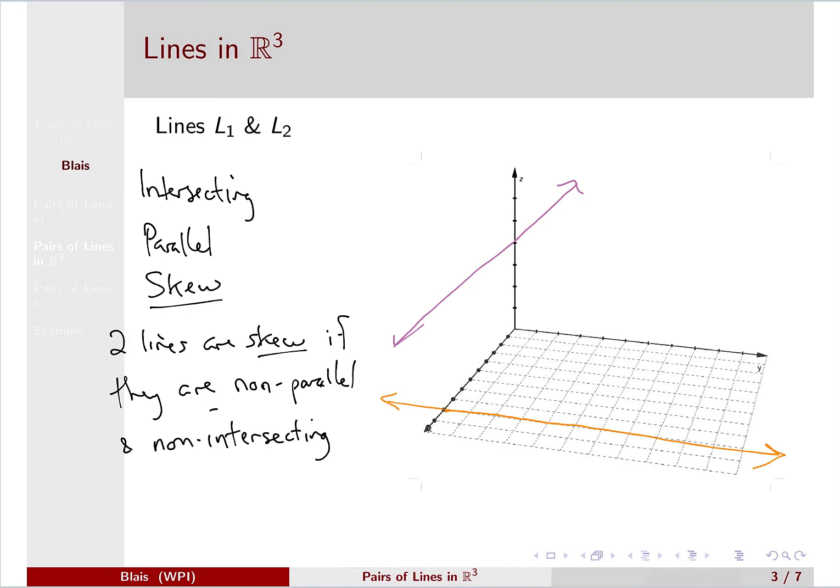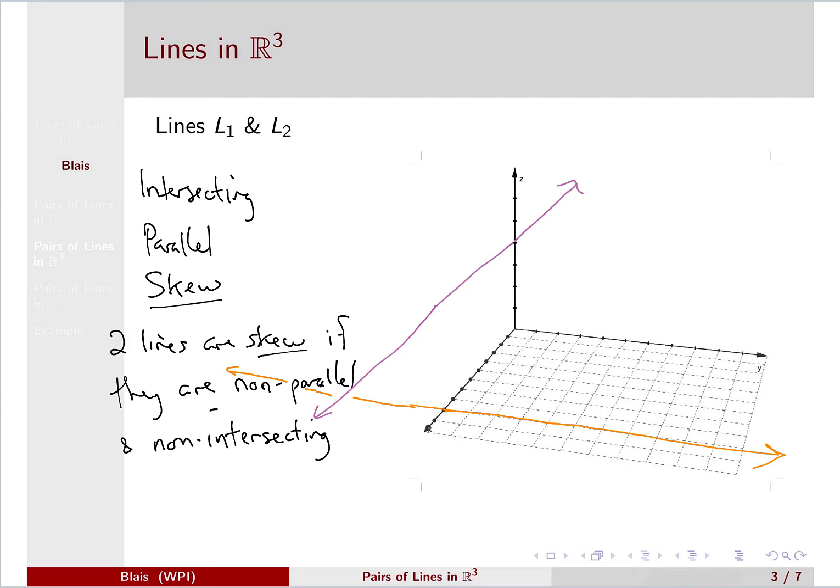And the way this is depicted, we see that these lines are not parallel and they never intersect. So the way we've depicted this orange line is beneath the lavender line. So they're not parallel and they're not intersecting, and this is what we call skew lines.